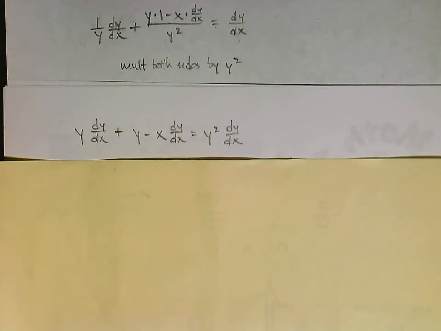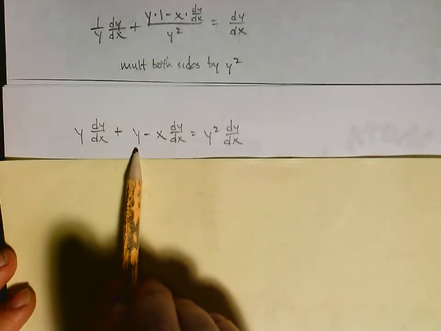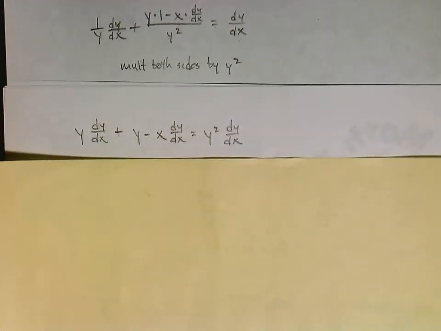What are we going to do from here? So I see three terms that have dy over dx and one term that does not. The y is the only term that does not have a dy over dx. So we're going to get all of the dy over dx terms on the same side, and leave the y by itself on one side, so that on the dy over dx side, we can factor it.